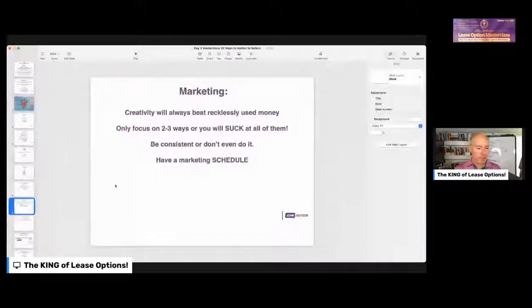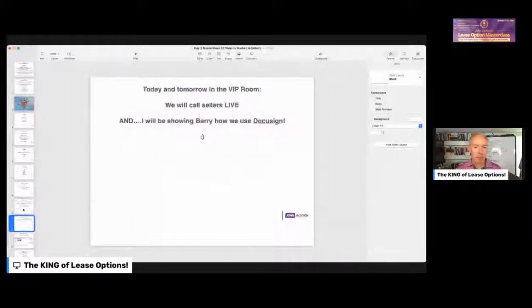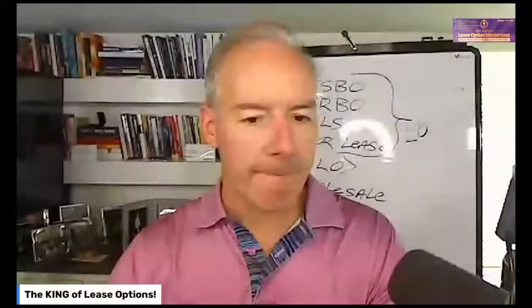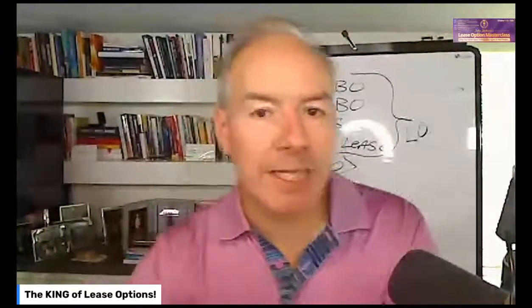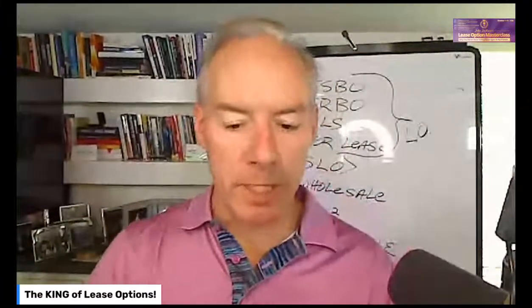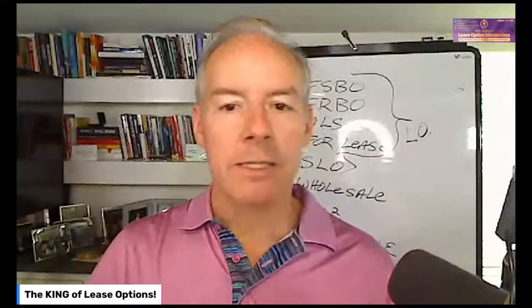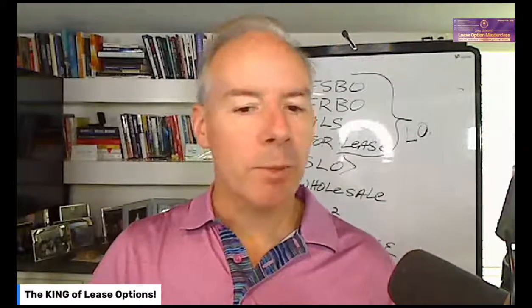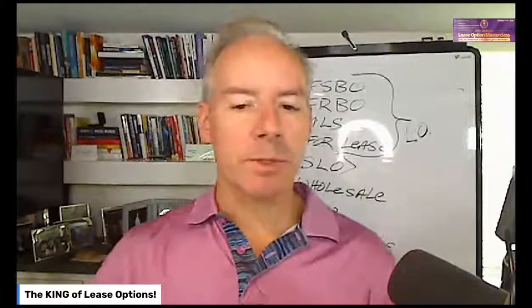All right, so let me get into it. I'm going to show you the 20 ways to market here. And again, this sheet is going to be put into the Dream Partners section later today. Actually, before I do that, I'm going to show this seller sources handout.